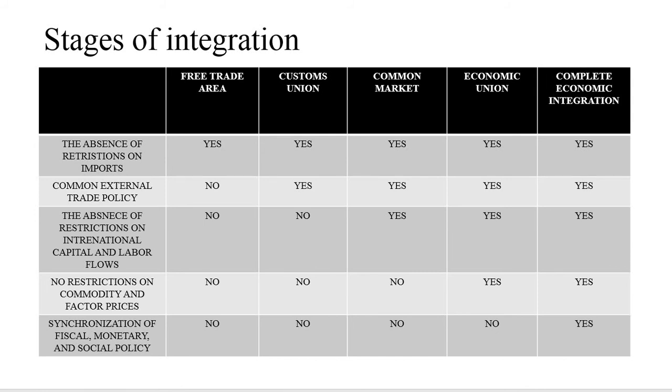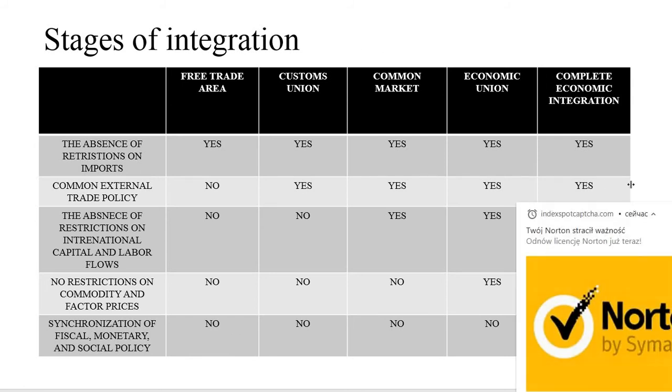And obviously, those stages of economic integration are placed in ascending order. So customs union will be characterized by a higher level of economic integration than free trade area. Common market will be characterized by a higher level of economic integration than customs union.